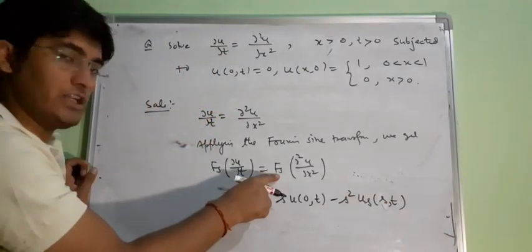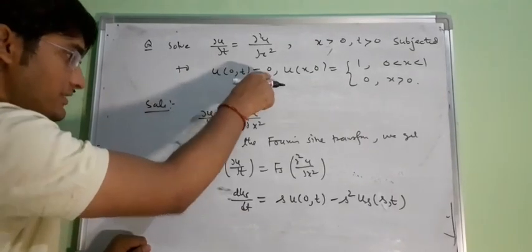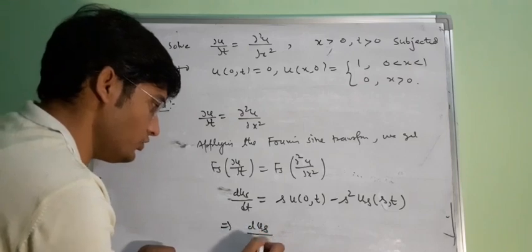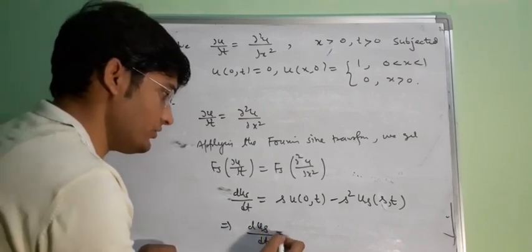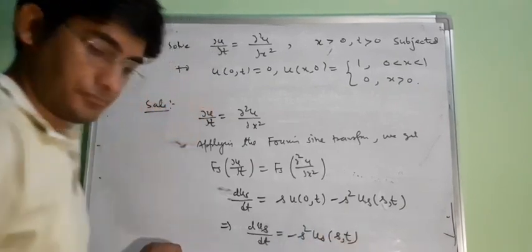This was the Fourier sine transformation of del 2 u upon del x2. Now u0t is 0, so this term is 0, so we will get dus upon dt is equal to minus s square us at s comma t.